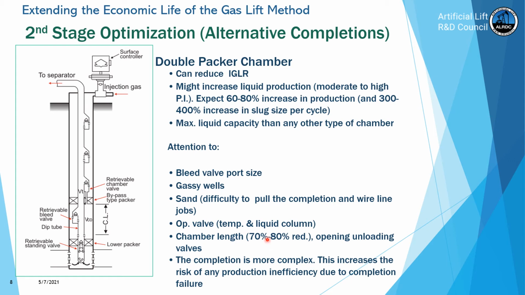Also, keep in mind that there are two things that you have to worry about when generating this large liquid column. One is that if you make the distance between the two packers large, even after applying this reduction of 70% or 80%, the liquid column might be too big.